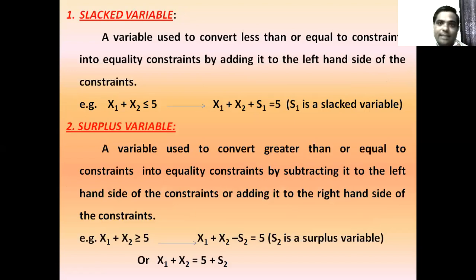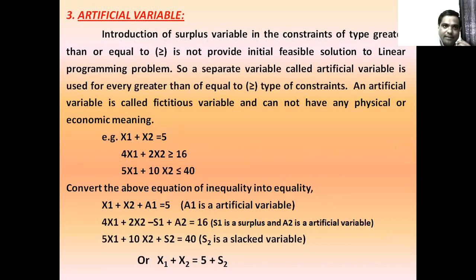For every less than or equal to type of constraint, we use the slack variable, a variable used to convert less than or equal to type of constraints into equality constraints by adding it to the left hand side of the constraints. The surplus variable is a variable used to convert greater than or equal to type of constraints into equality constraints by subtracting it from the left hand side of the constraints. And the third variable is the artificial variable.